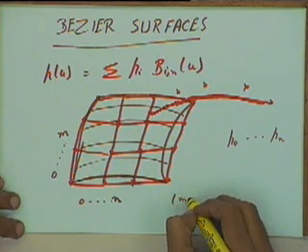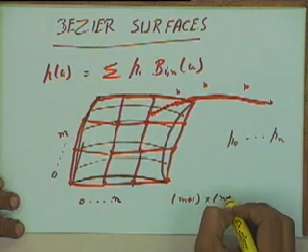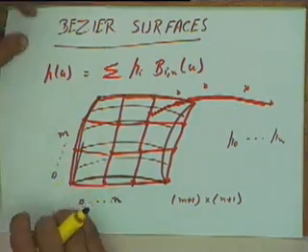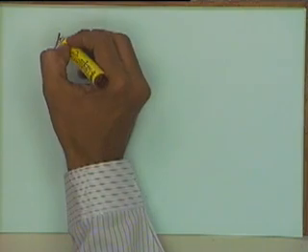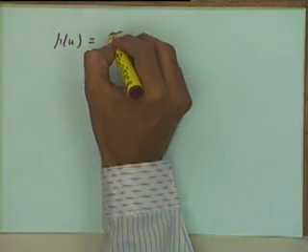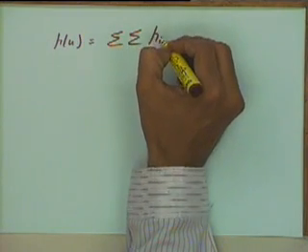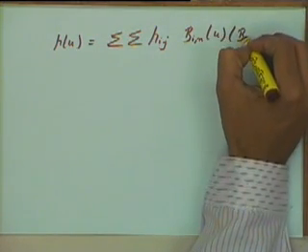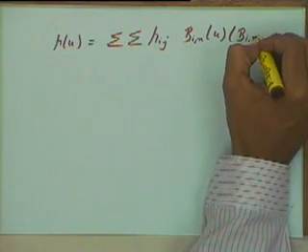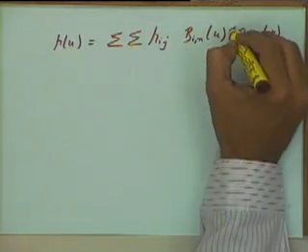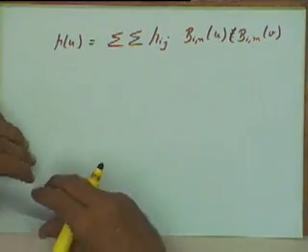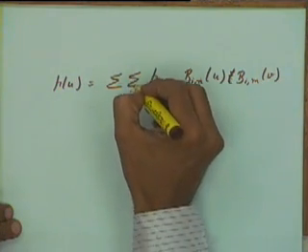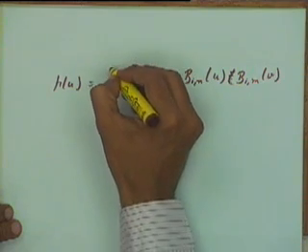So this way we will get an array of m plus 1 cross n plus 1 points, and the mathematical formulation for Bezier surfaces would be as follows, where the summation for i will be from 0 to n and j will be from 0 to, let's say, m.